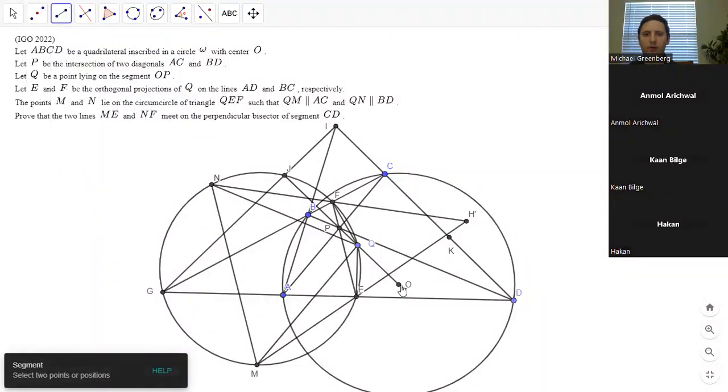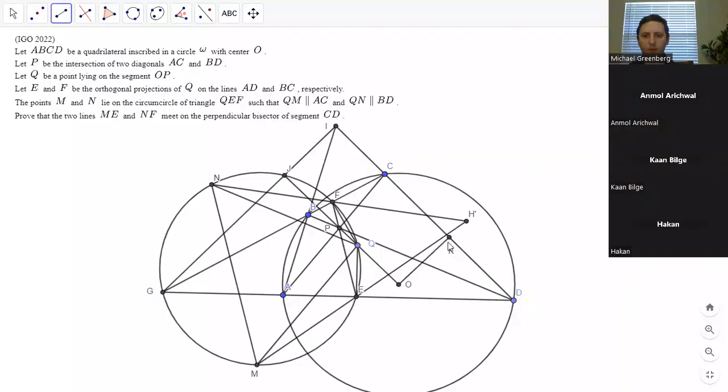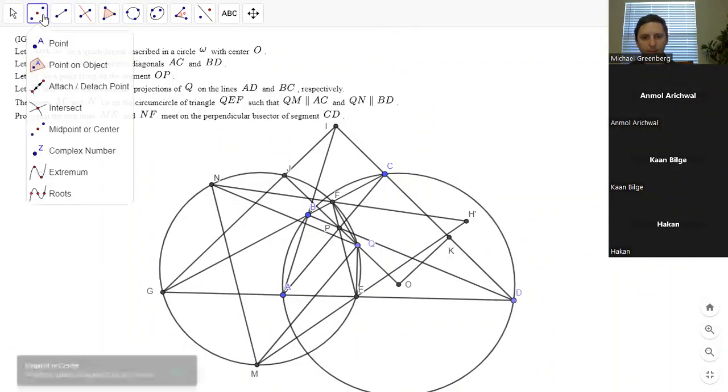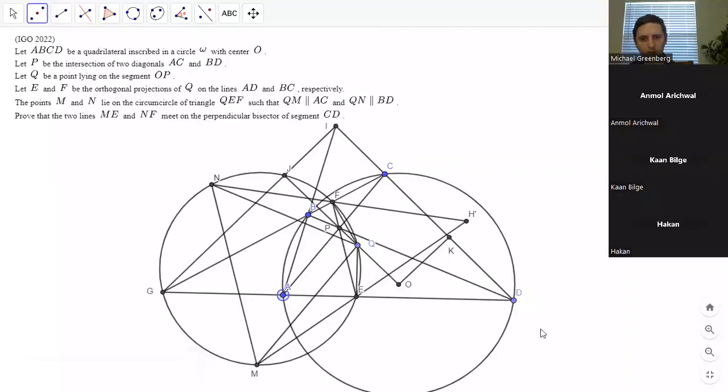So maybe we could try to use the radical axis theorem somehow. So if we take the midpoint of AC, another way of saying this is we want to show H prime lies on the radical axis of these two circles, right?